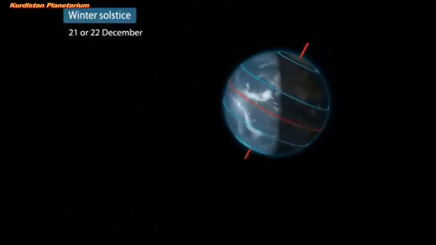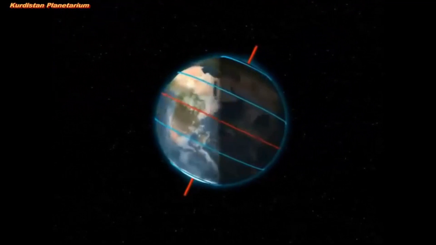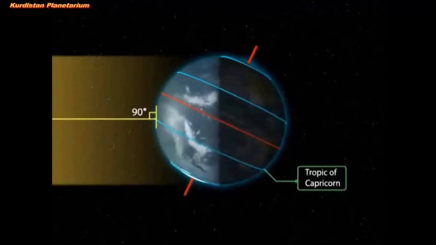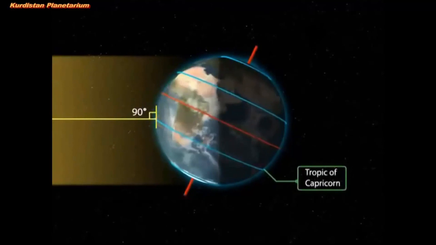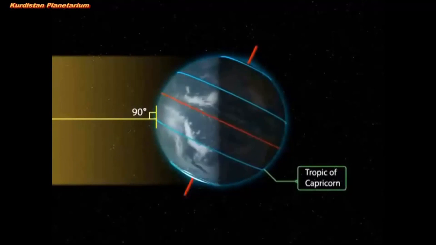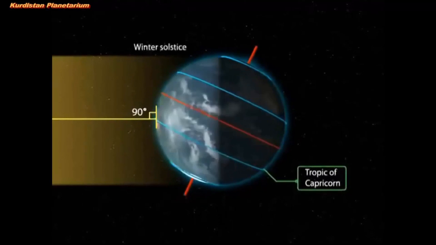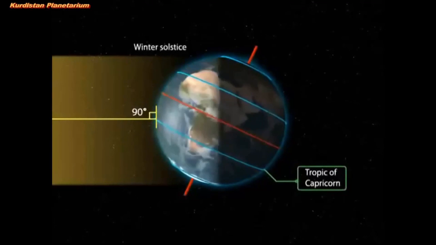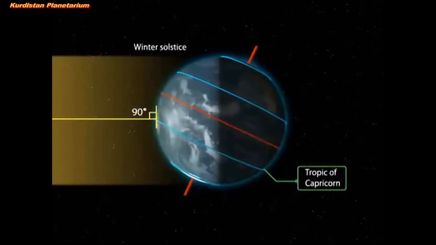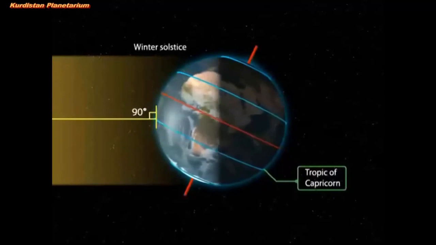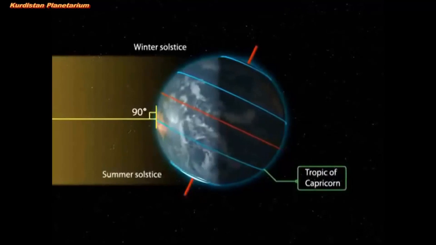On the 21st and 22nd of December, the overhead sun is over the Tropic of Capricorn. It receives the largest amount of solar radiation. On this day, the northern hemisphere is in the winter solstice, while the southern hemisphere is in the summer solstice.